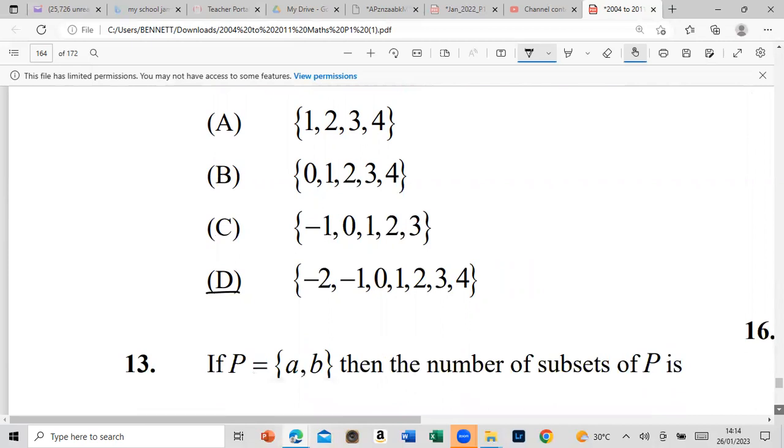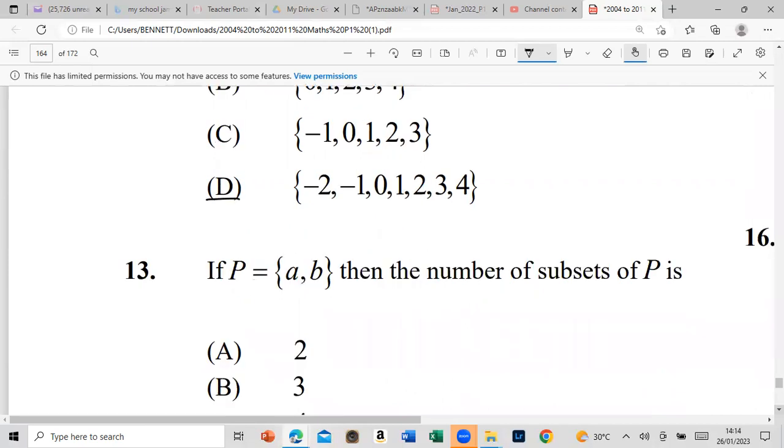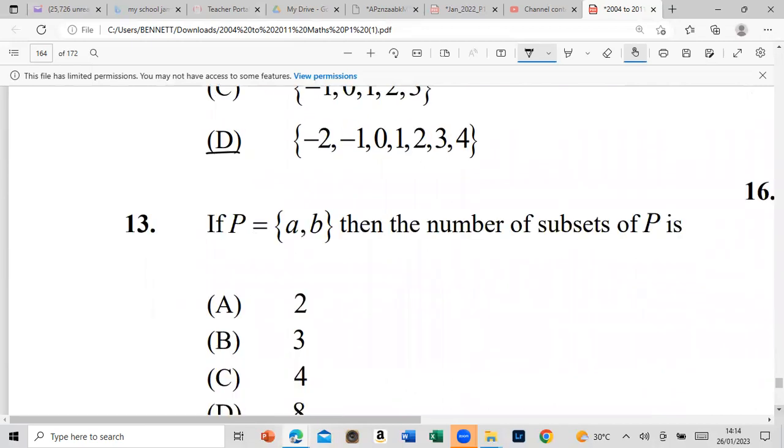Number 13 now. If P is equal to {A, B}, then the number of subsets is, and again, to find the number of subsets becomes 2 to the power of how many elements? They have 2 elements, so it's 2 squared, which is 2 times 2. So that is 4.